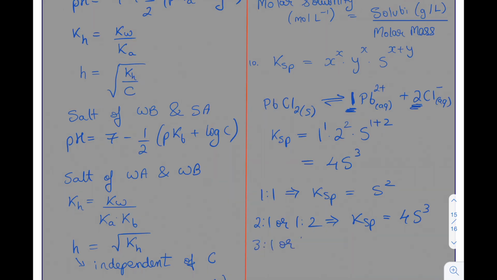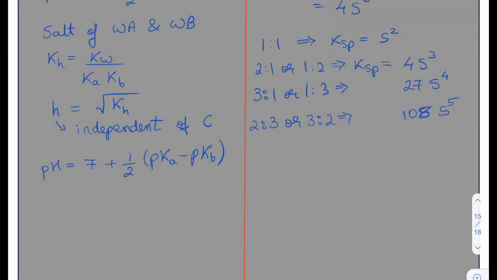If you take a 3:1 or 1:3 salt, Ksp will come to 27s raised to 4, and if you take 2:3 or 3:2, Ksp will end up at 108s raised to 5.